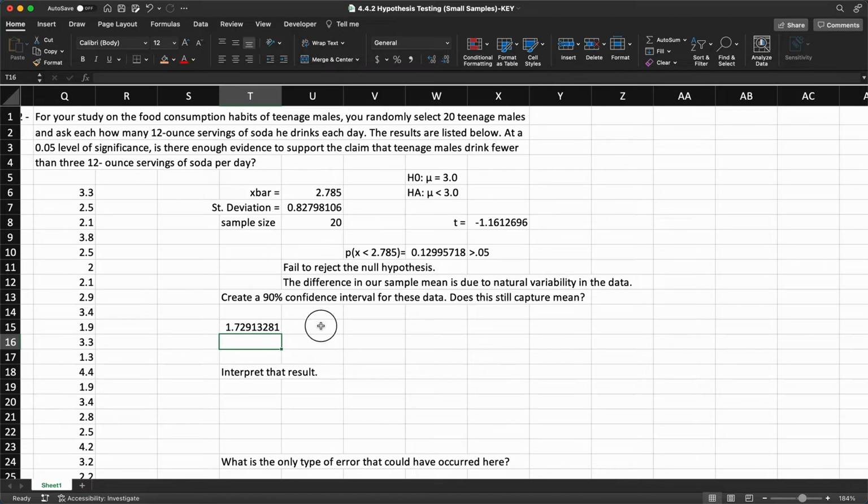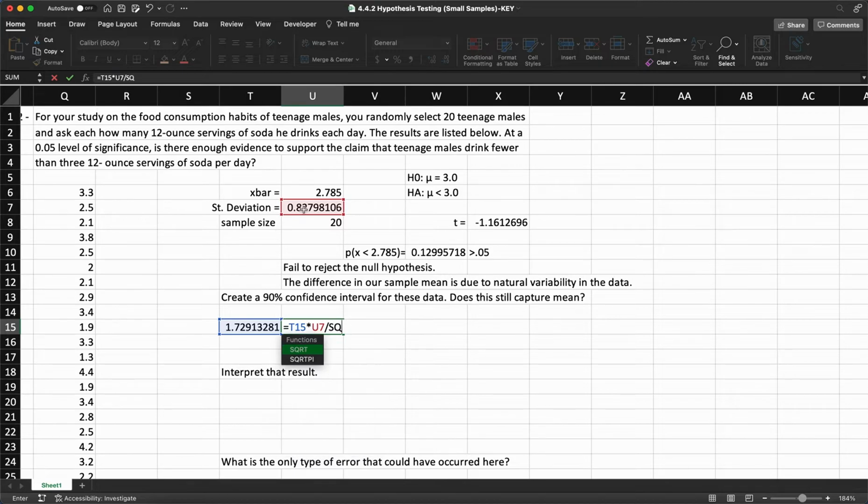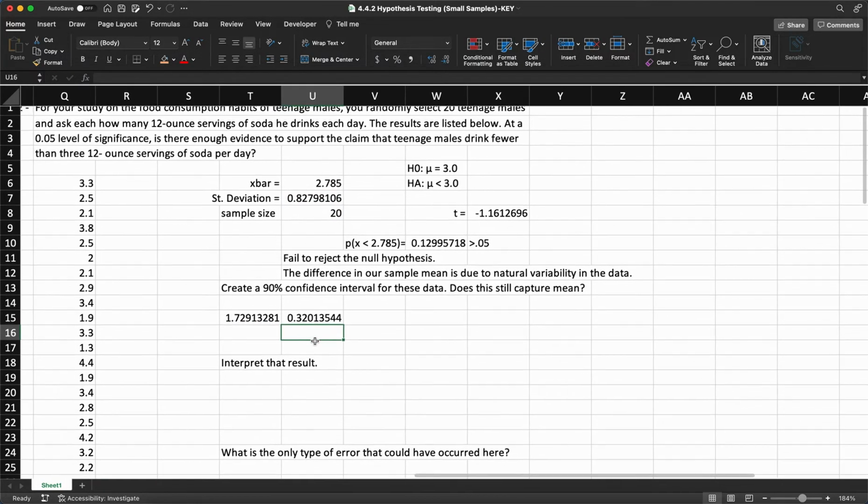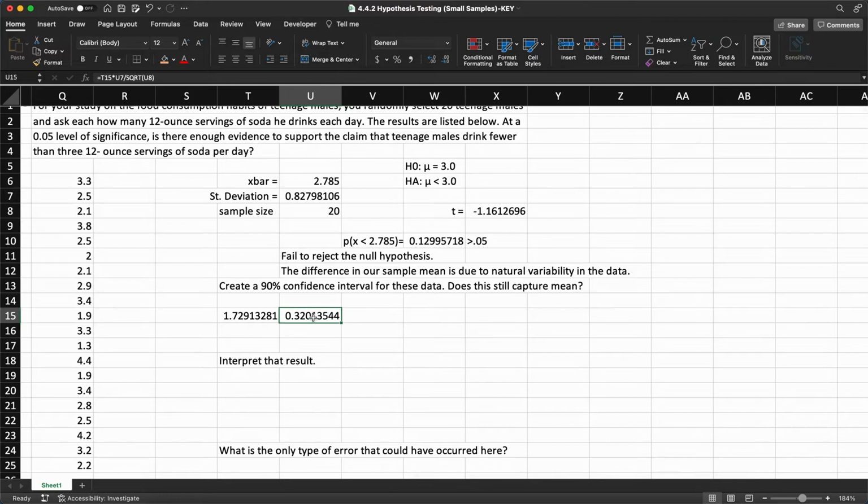critical t-score. So I'm going to take that critical t-score, and I'm going to multiply it by the standard deviation divided by the square root of my sample size, and that should give me my value from the mean. So this is my E value.